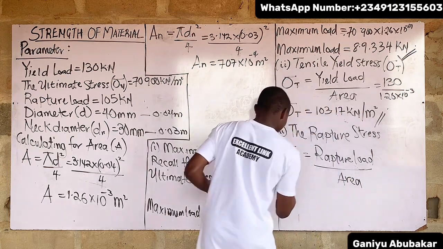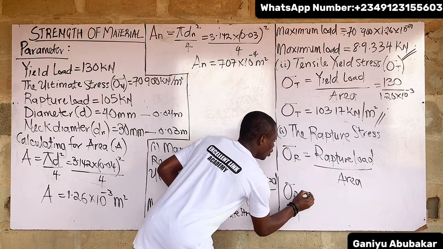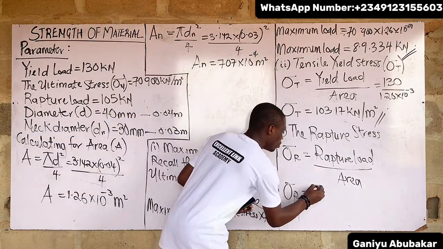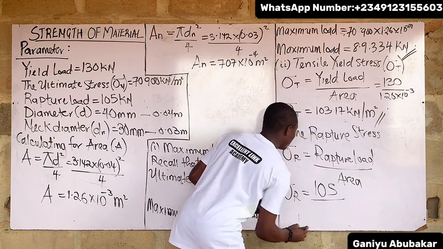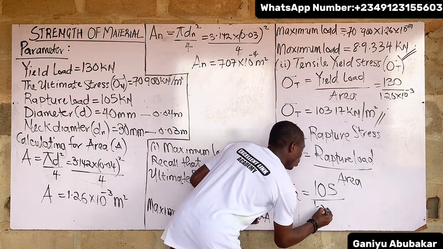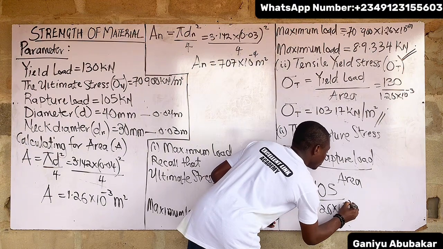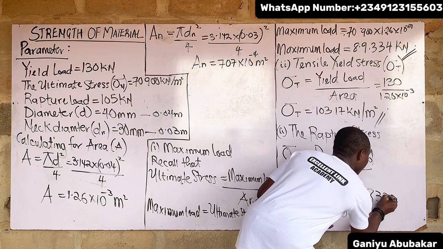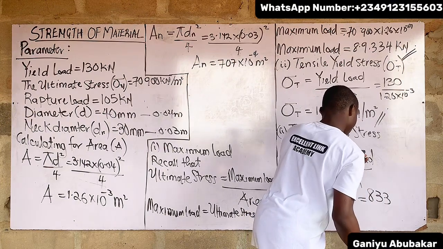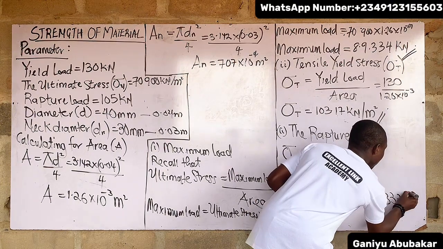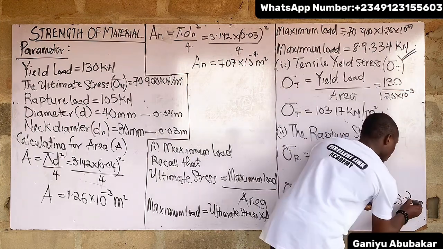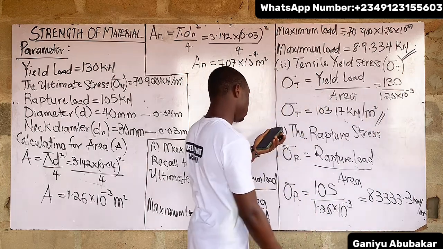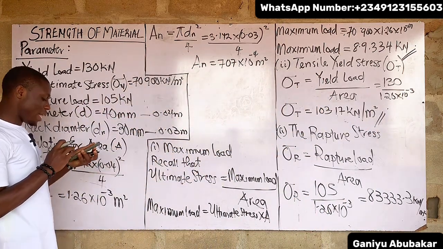So what do I get there? Rupture stress equal to rupture load. Rupture load is 105. So I'm given 105 all over normal area, which is 1.26 times 10 to the power minus 3. This will give about 833.3 kilonewton per meter squared. So I have that as my answer.